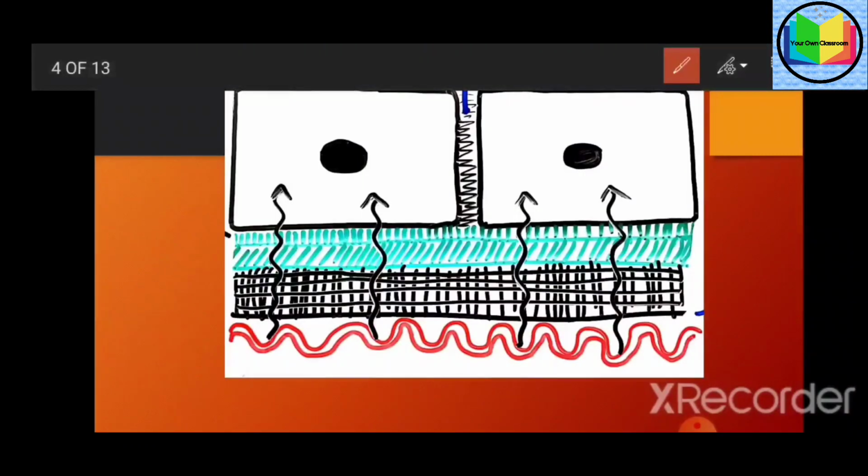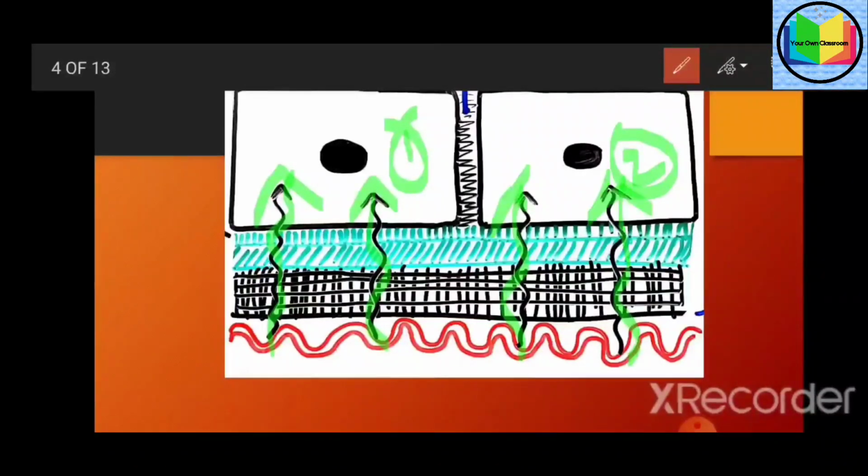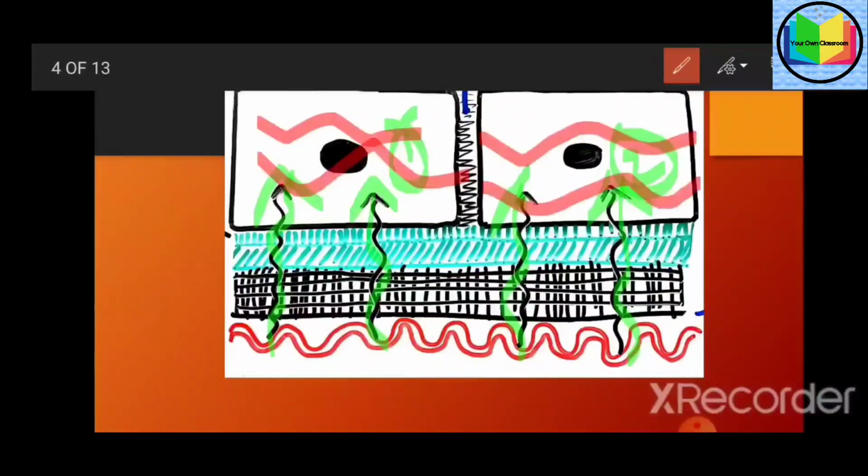As you can see in this diagram, the two epithelial cells are receiving nutrients from the blood capillaries via diffusion through the basement membrane. So nutrients are diffusing through the basement membrane into these epithelial cells. And why is there a requirement of a basement membrane? Because epithelial cells are not directly supplied with blood vessels.